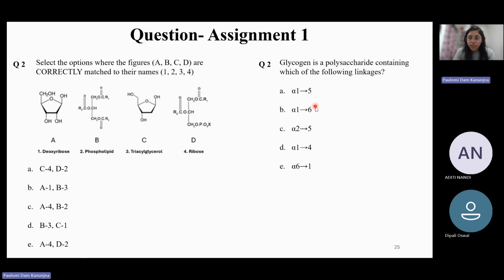For question number 2, what is the correct answer? And for question number 3, which one is the correct answer? Yeah, right. Now you can answer it clearly so that you also don't get confused.